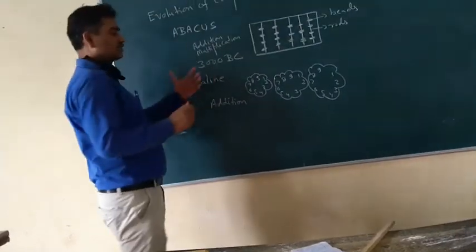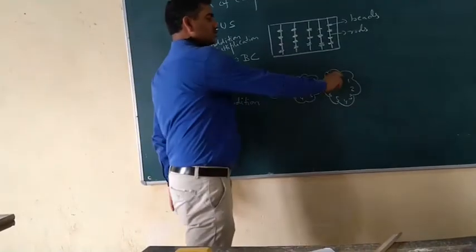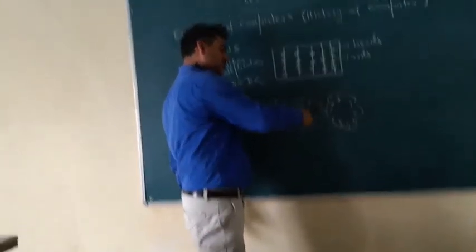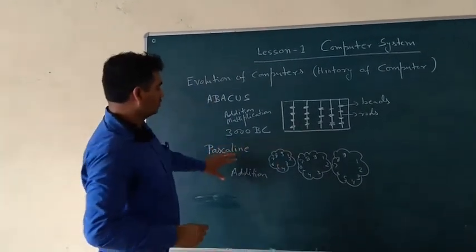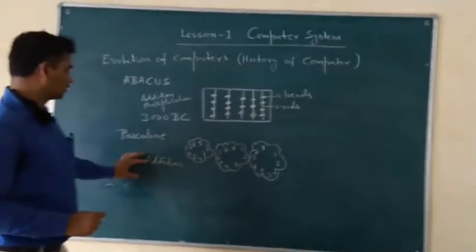It is an adder machine, and you can do subtraction. If you rotate this one 10 times, this rotates 1. So this is also a mechanical system. This was used for addition.